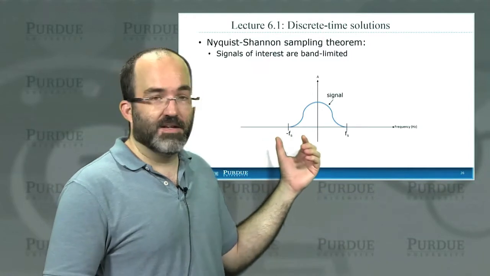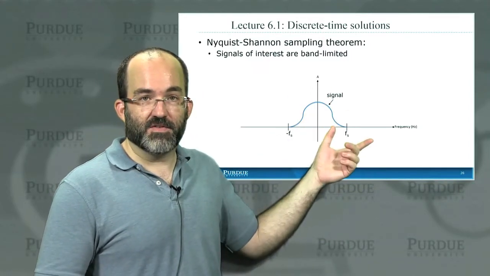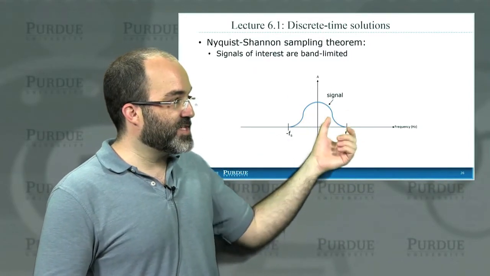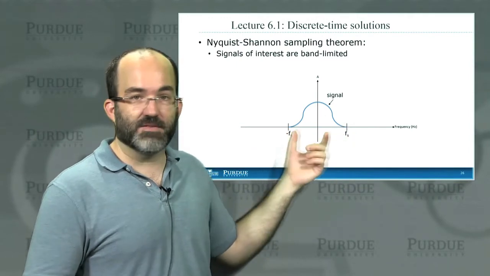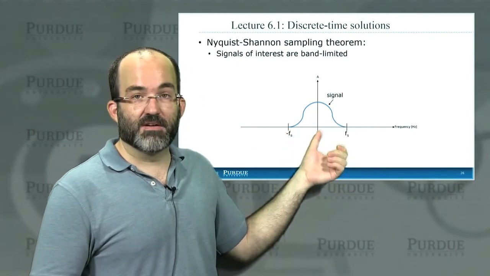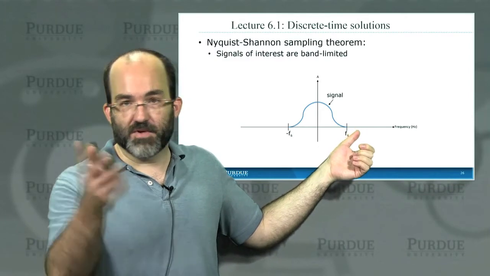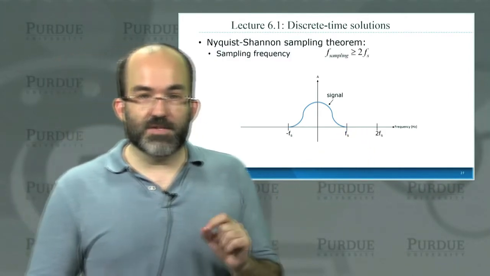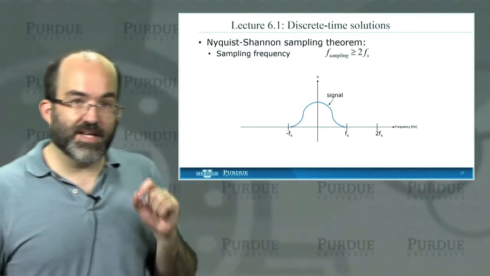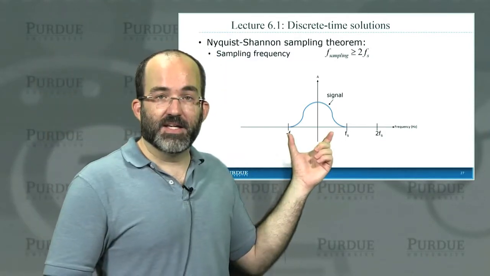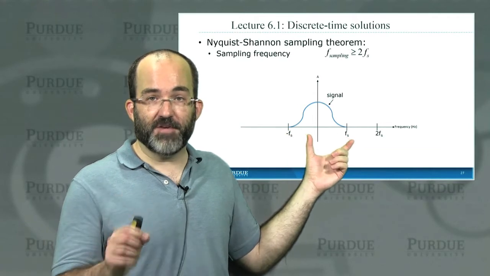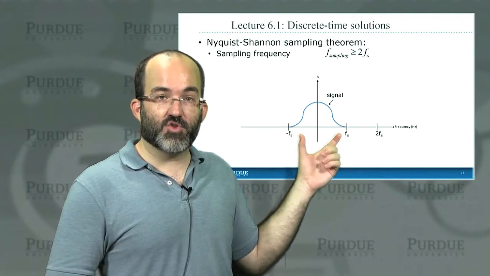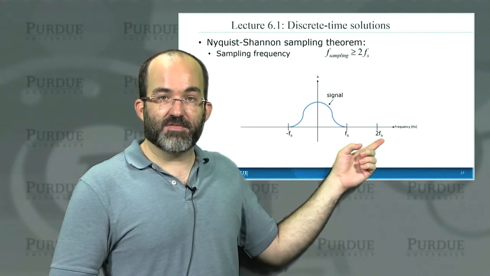And you can plot that signal as a function of frequency, and you'll see that you have your signals distributed in the positive and negative frequency domain from essentially 0 out to your band, which is for neurons about 1 kilohertz. Okay. So the Nyquist theorem says that in order to capture all of the data in your signal of interest perfectly, you want to sample at twice the highest frequency in your signal.